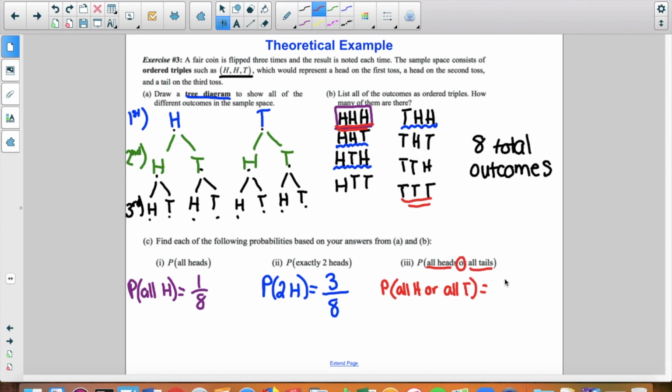So those are our 2 favorable outcomes out of our 8 total outcomes. Now this fraction you can actually reduce. This reduces to 1 over 4. Okay? So this would be a theoretical probability example.